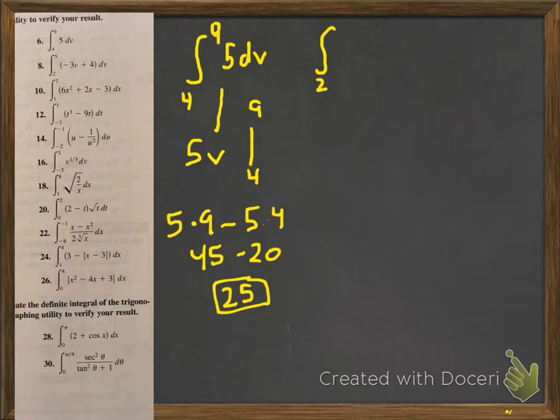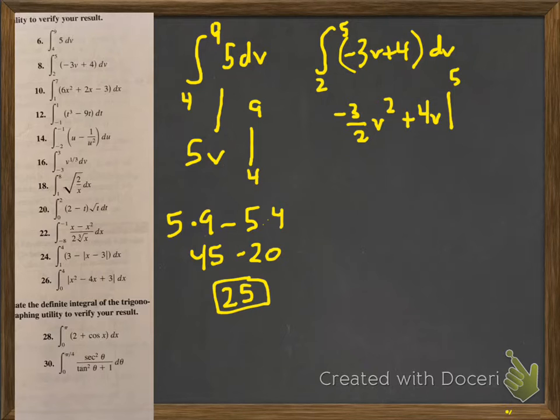Integral from 2 to 5 of negative 3v plus 4 dv. That is, we integrate both terms. Negative 3 halves v squared, because we raise it by 1 and divide by that power, plus 4v from 5 down to 2. So now we have to evaluate.